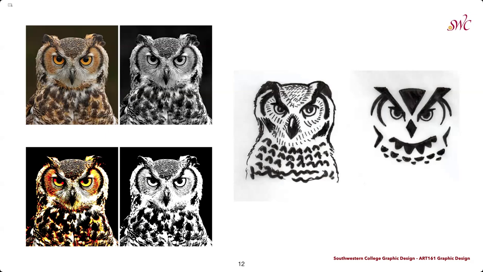And when you get into your sketches, you may work with something that is slightly more detailed at first and slowly start to omit parts of that design. How can you break this down into basic shapes and create more of a stylized approach? Now, something like the sketch over here on the right is going to be much easier to graphically translate in Adobe Illustrator and be more effective using the pen and shape tools.